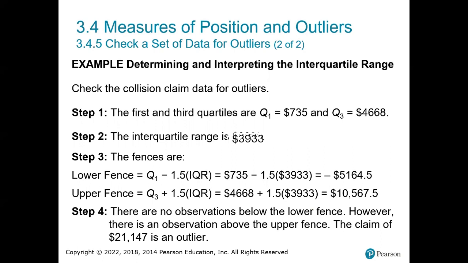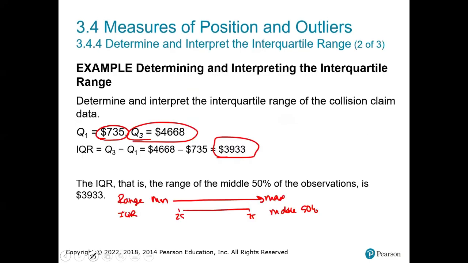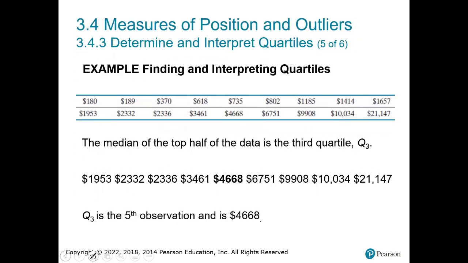The upper side would take my Q3, 4,668, plus 1.5 times the interquartile range, and I would get $10,567.50. So I would go back and look at the original data set back here, and I see that this value is really, really high.